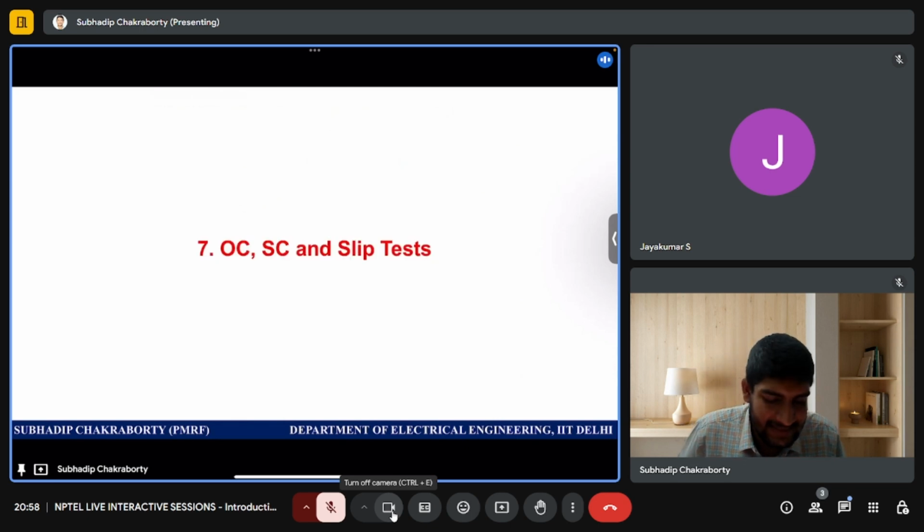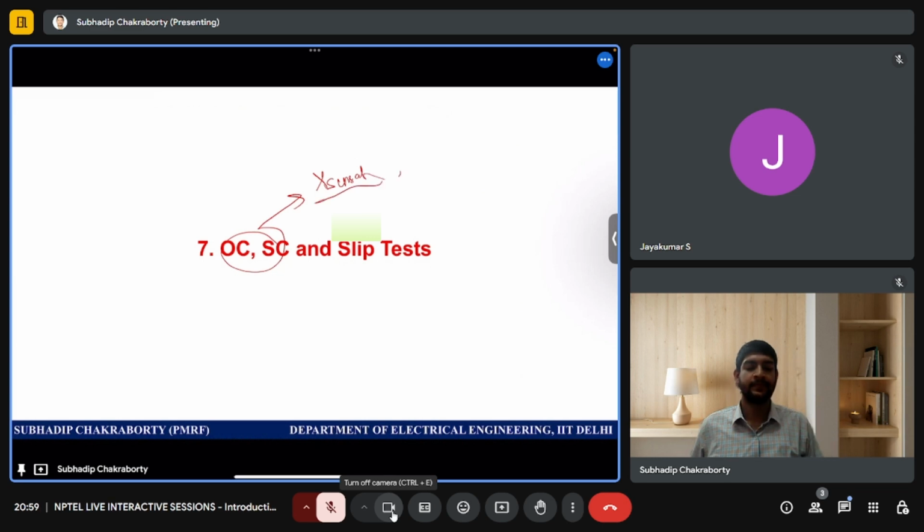And the OC and SC tests and the slip test have already been covered very well in the lectures. I told you also about the short circuit test, how you do it to flow the rated current, just like the transformers. Okay. And the slip test you understand. The OC-SC test I know you will understand, but that is for the determination of excitation. But the slip test, do you know?